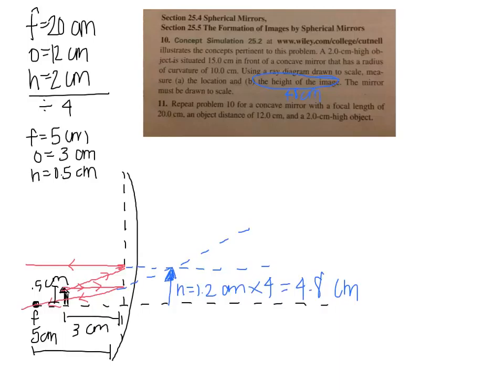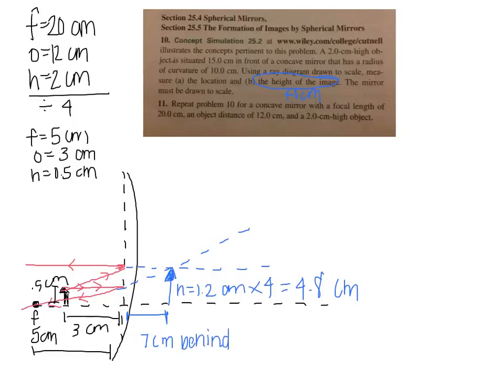And the location of the image. So the location of the image is going to be this area to the right of the mirror. Now I measured it from my handy dandy little vertical line since I can't draw a really straight, almost straight concave mirror. It's hard. So that distance that I got was 7 centimeters behind the mirror.